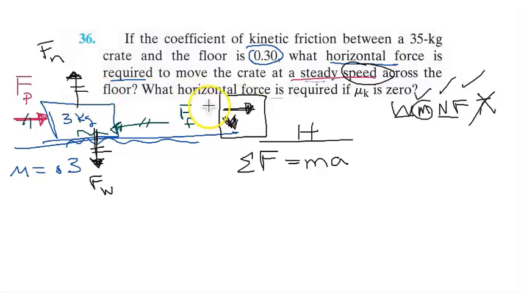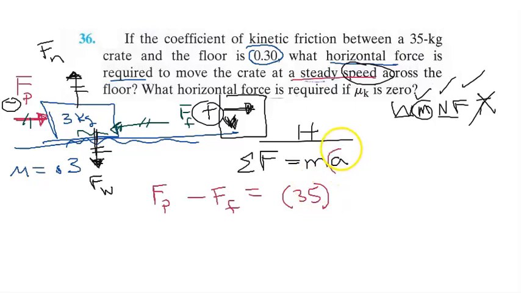And plus and minus, so we have the force of the person minus the force of friction equals the mass of the box, which is 35 times 0, because it's a steady speed. So you can just start with sum of the forces equals 0, but I kind of wanted to show you where it came from. Okay, so the force of the person has to equal the force of friction.